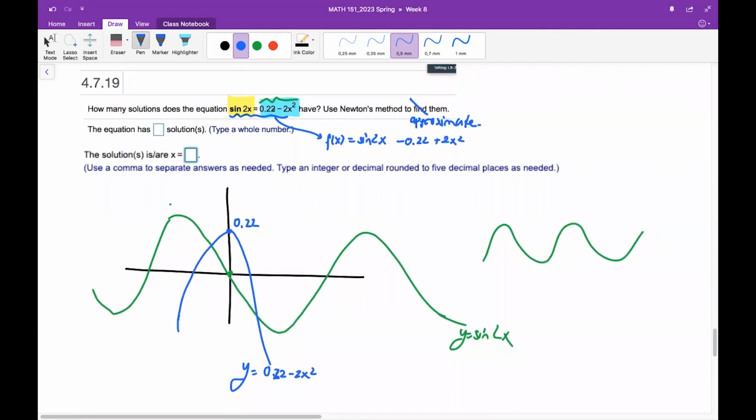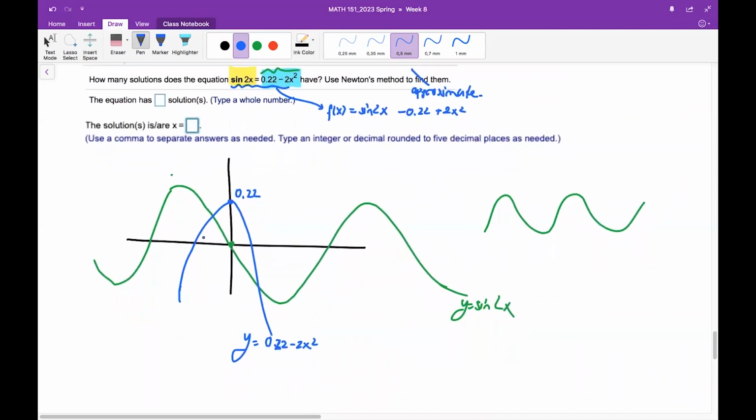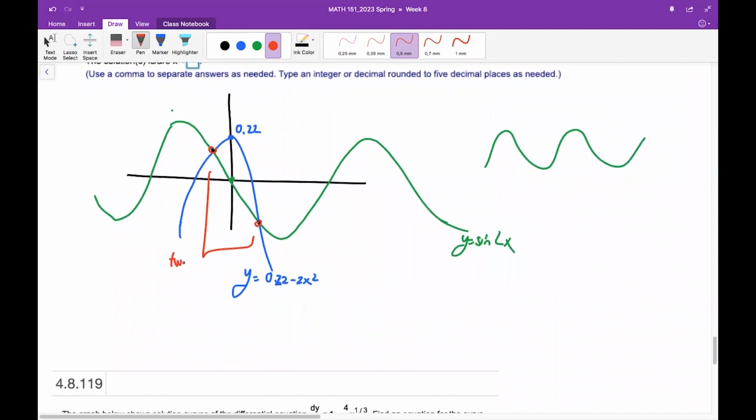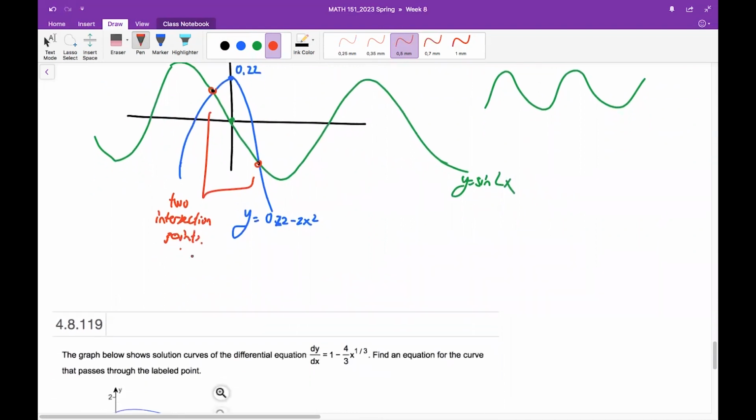Solving this equation means that you are in fact finding the intersection points of these two curves, right? And as you can see, there are two intersection points of these two curves. That means the given equation has two solutions.